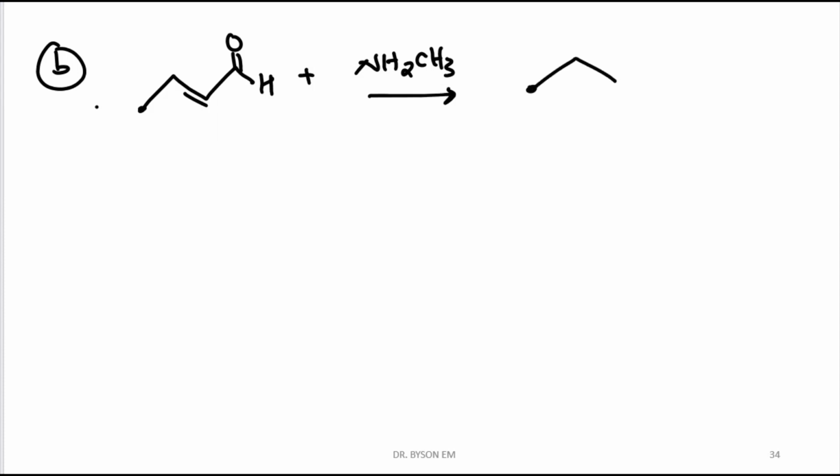So B says provide a mechanism of how this product is formed. You react it with this compound here to form this. So the mechanism will go like this.